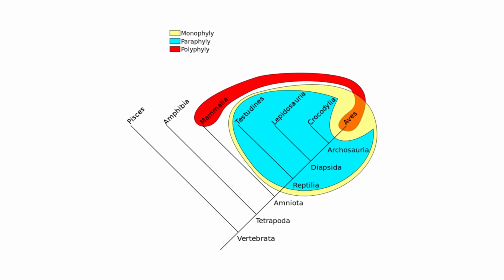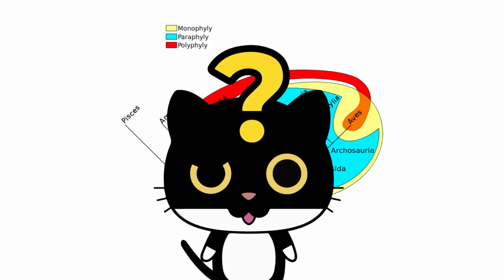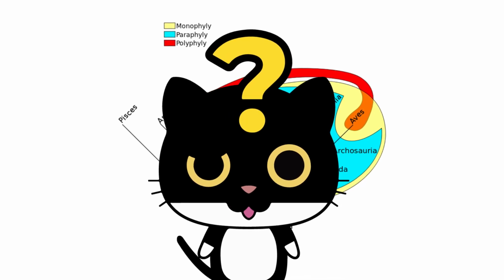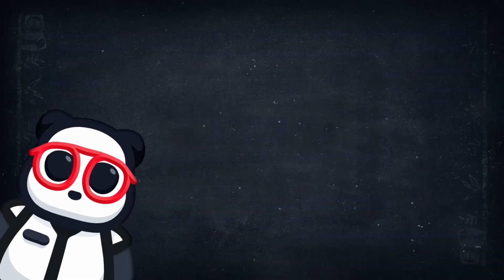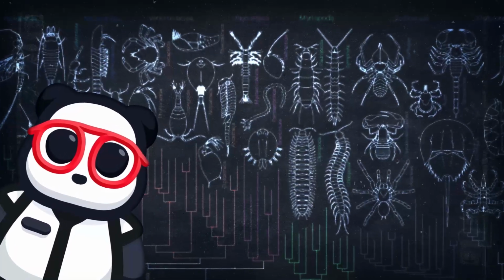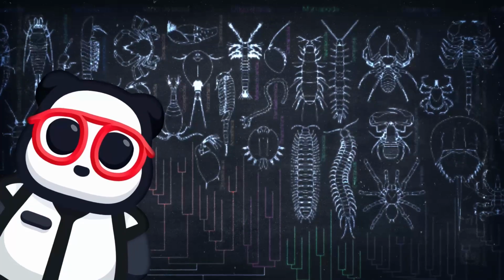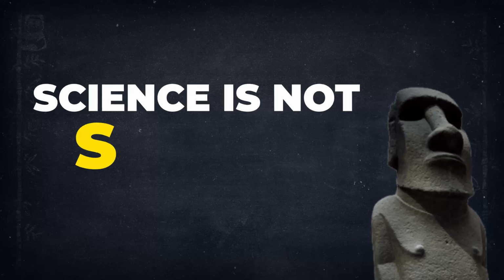But you might be wondering, why would I bother grouping organisms that don't share a common ancestor? Shouldn't we just stop creating polyphyletic and paraphyletic groups? In fact, the pure cladistics originally proposed doesn't account for these extra groups, but they are very important for science. There are many reasons for this, but maybe the most important is that science isn't static.